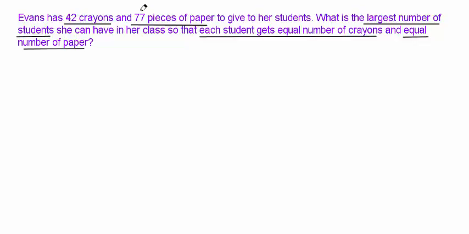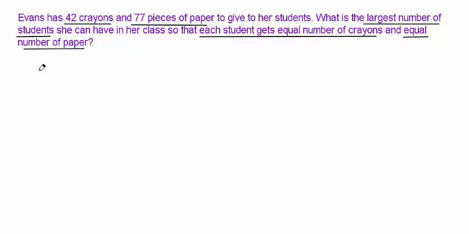And then similarly, the number of students has also got to be a factor of 77 so that there is no piece of paper left over in the end. And the question is, what is the largest such number? So in other words, what is the largest number that is both a factor of 42 and a factor of 77? Essentially, the problem asks us to find the GCF of these two numbers, the greatest common factor.